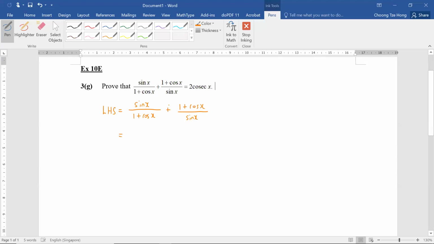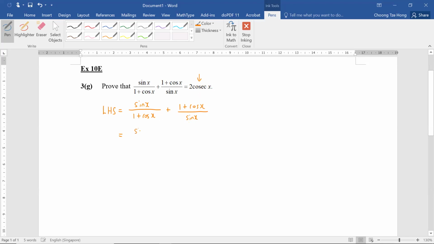Why would combining to a single fraction be a good idea? Because on the right-hand side, you can see that there's only one term, which is the 2 cosecant x. So if we can combine into a single fraction, then when we simplify, we may be able to get this cosecant x out. So let's combine into a single fraction.